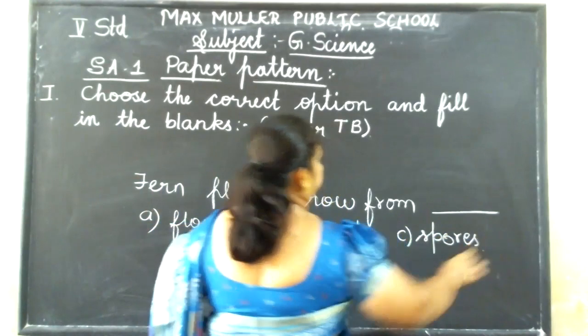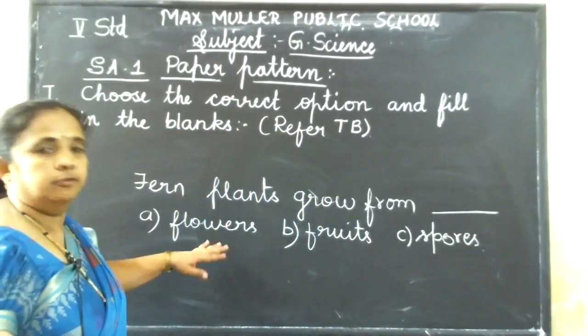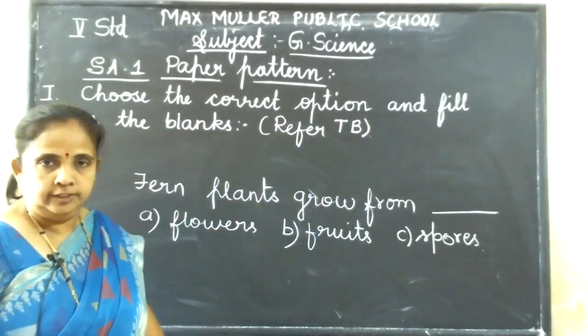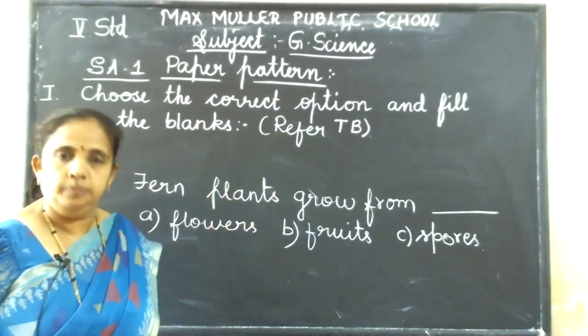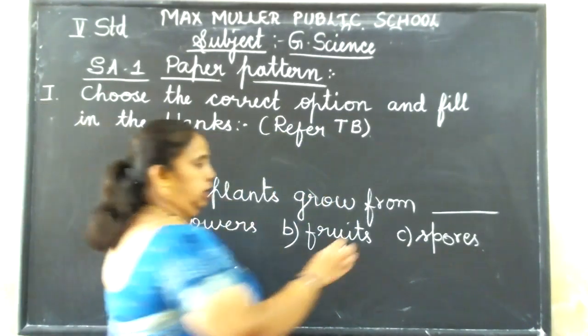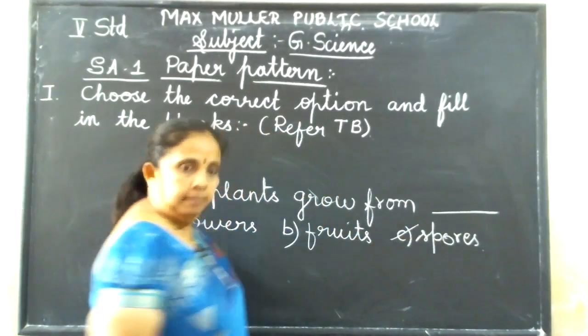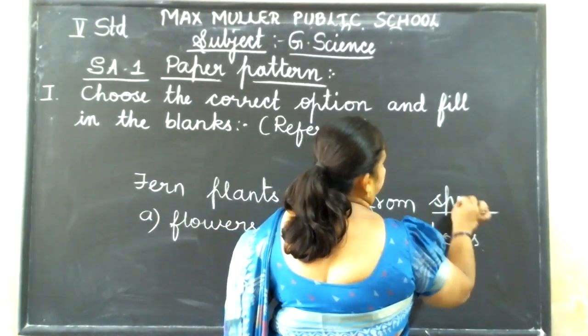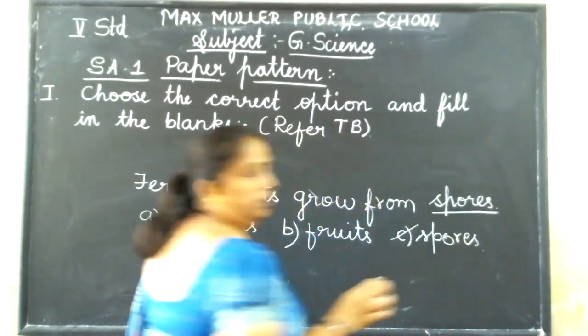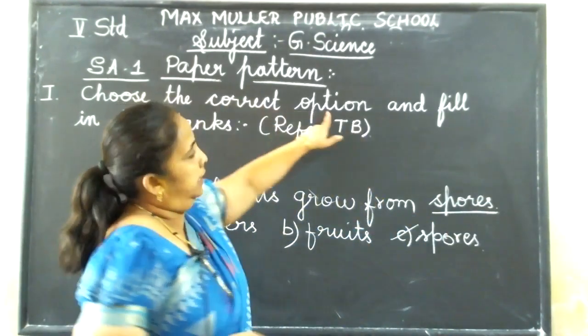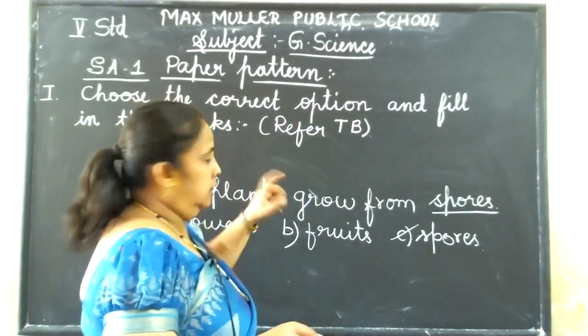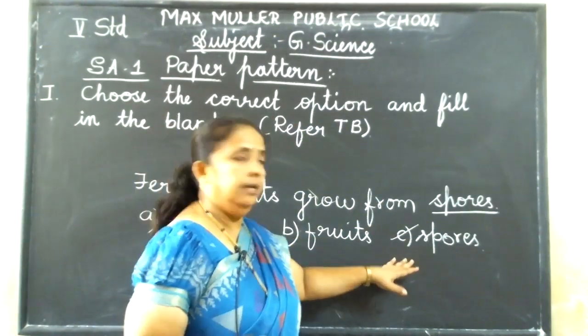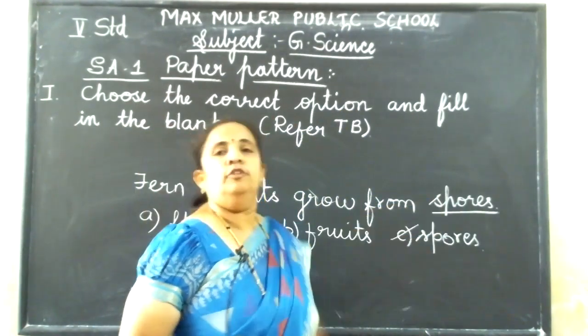Okay. So it is not enough. What is the correct answer for this? It is spores, isn't it? Fern plants grow from spores. It is not enough only to put a tick here, but you have to put a tick as well as write it in the dash. So that is the meaning of that heading: choose the correct option and fill in the blanks. You have to choose the option, check what is correct, and then fill in the blanks.